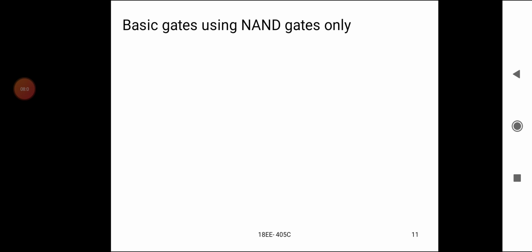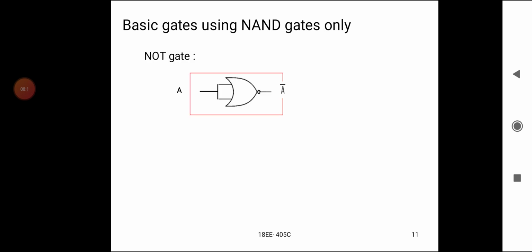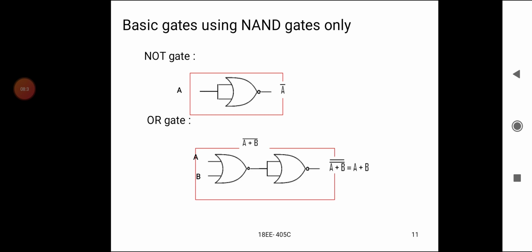Basic gates using NOR gates only. NOT is a single stage. Inputs are tied together and you get A plus A, whole complement. A plus A is A, so the output is A complement. OR gate is a 2-stage operation.